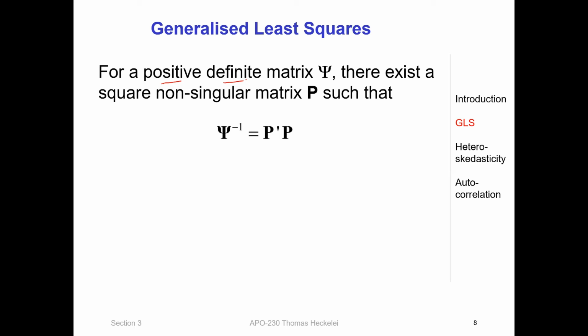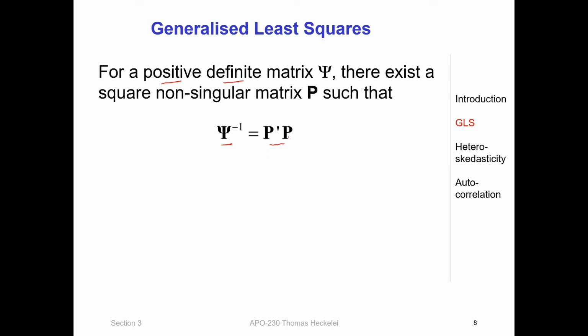So the multicollinearity we talked about last week was one reason for singularity of a matrix, which makes it hard or not possible to invert. Okay, back here. Then you can write the inverse of matrix psi as the inner product of the matrix P. Remember, I mentioned that this is the inner product. So P prime times P.